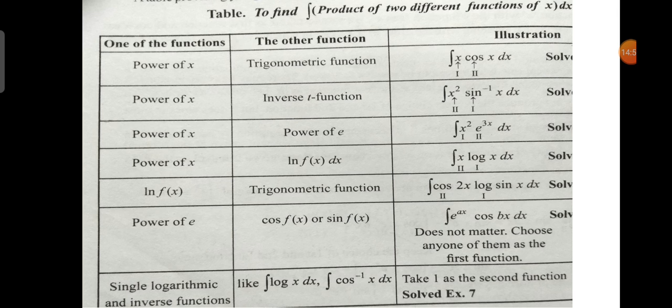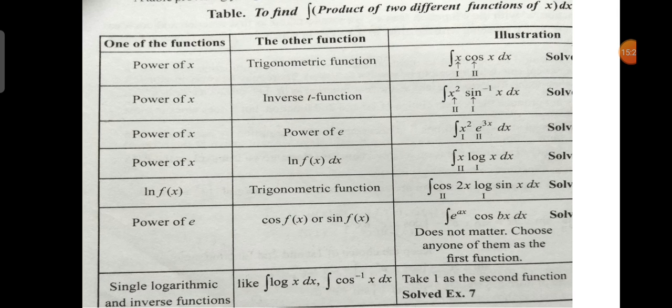And also if a power of x and a power of e are given, then take the power of e as the second and the power of x as the first function.